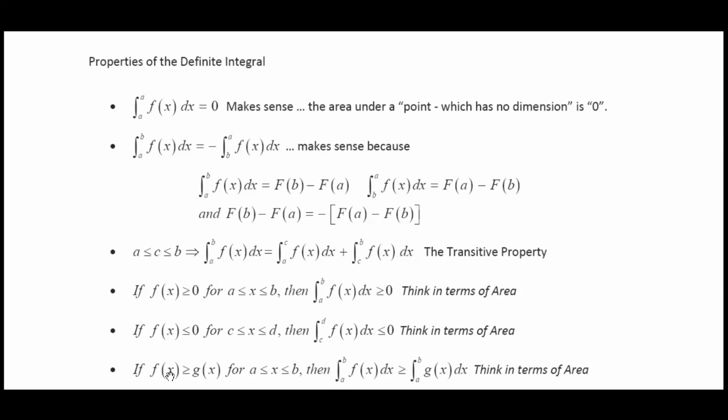And then lastly, if you have two functions, f of x and g of x, and f of x is bigger than g of x, then the integral of f of x from A to B will be greater than the integral of g of x from A to B. Think of it in terms of area. Suppose you have a line, f of x equals, let's say, 10 from 2 to 4.